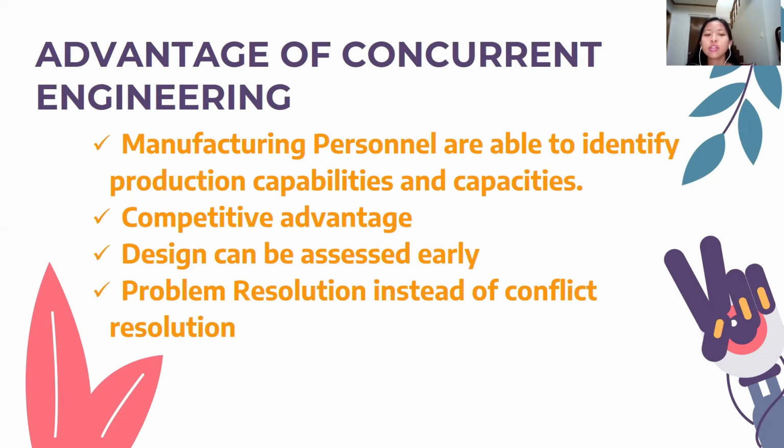So in concurrent engineering, they are assigned to what is suitable and what they are capable of only. They do not do jobs that are beyond their capabilities. Alam nila kung saan sila lulugar, and by that, it reduces conflicts in the production.